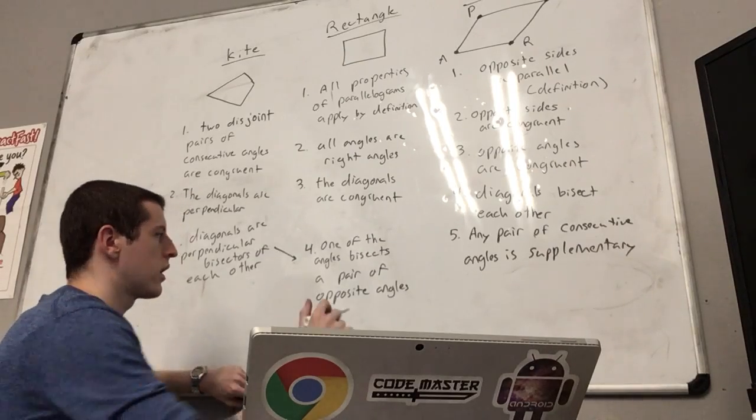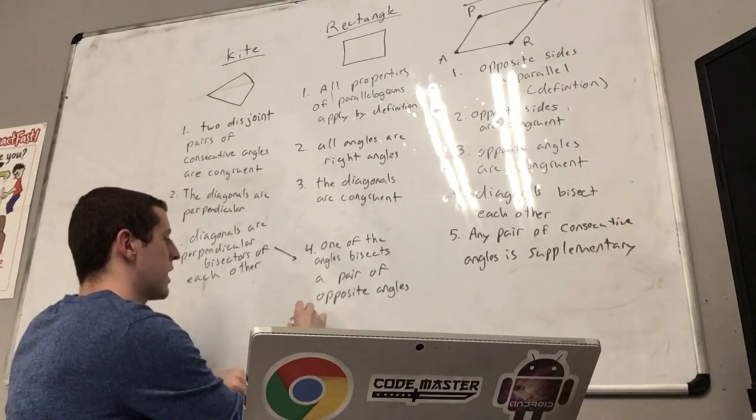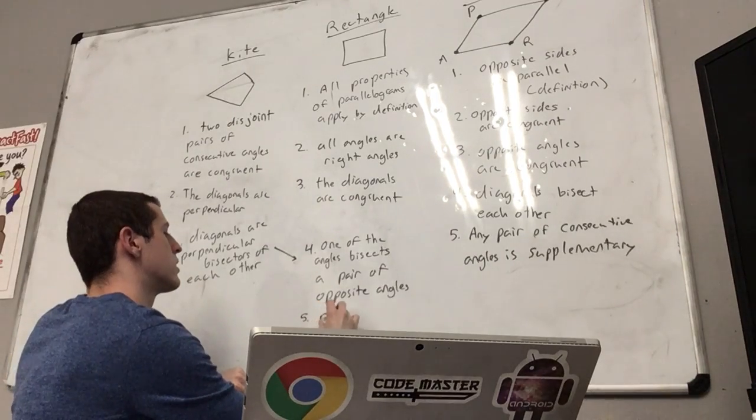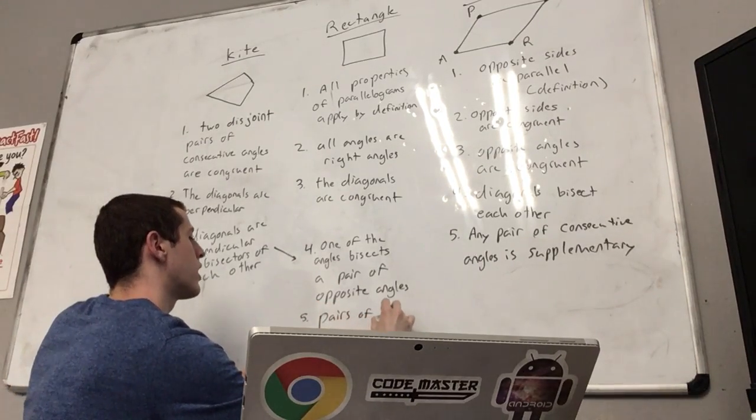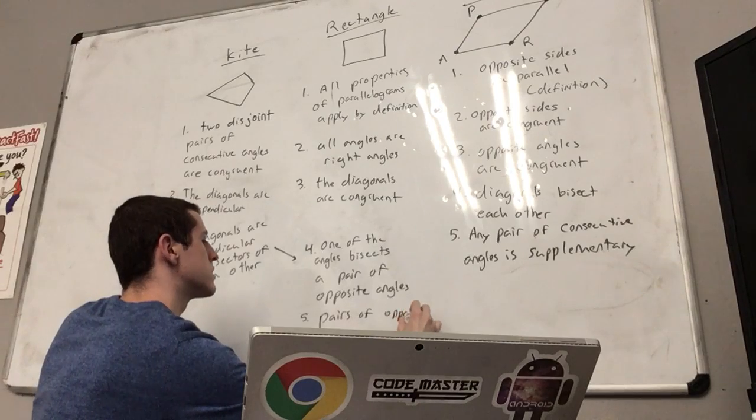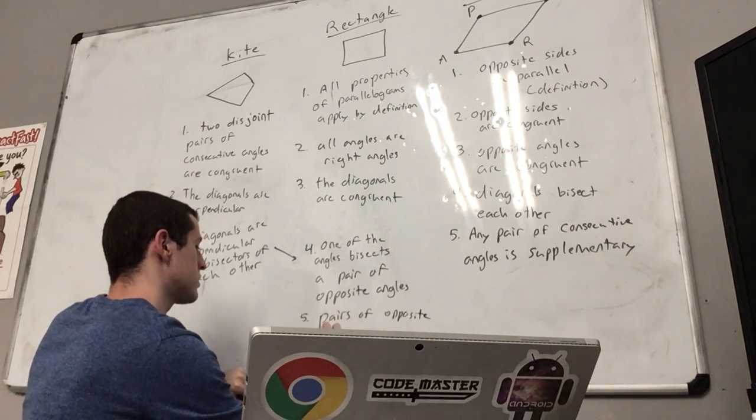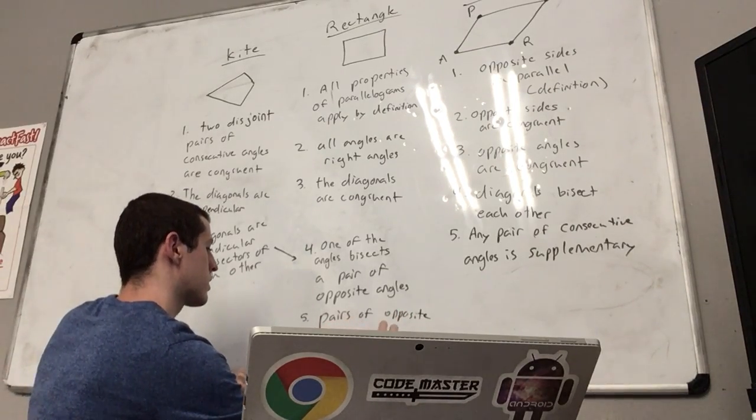And then pairs of opposite angles are congruent.